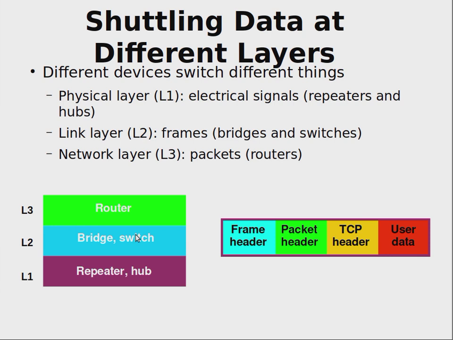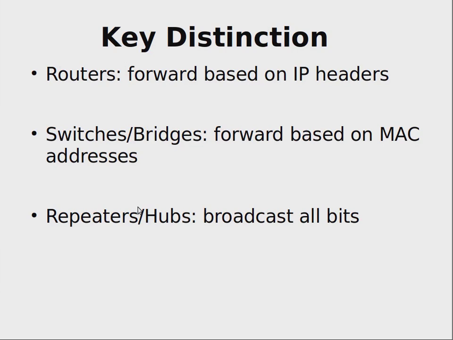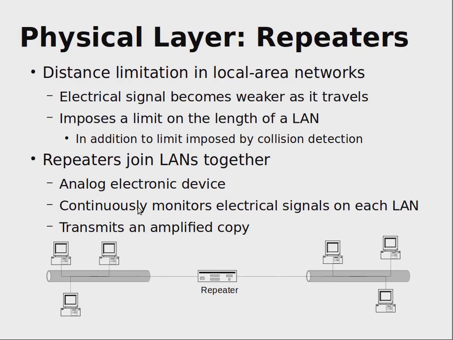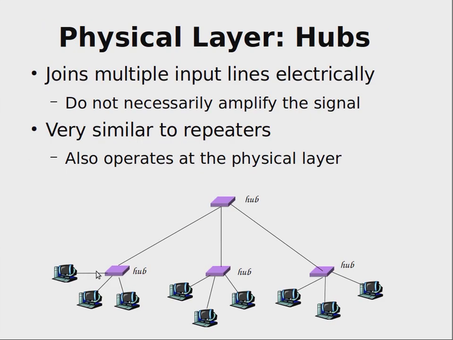Then switches are more complicated devices and routers are even more complicated. So repeaters amplify the signal and hubs just ensure that there is proper wave and electrical resistance inside this particular network.